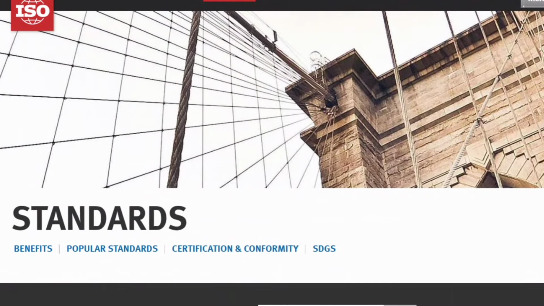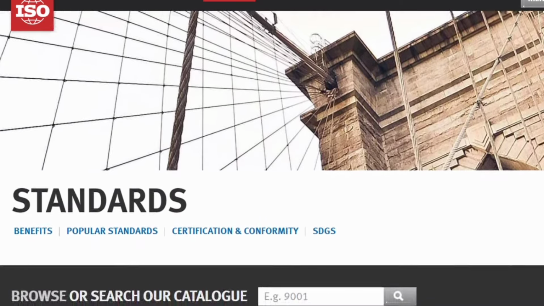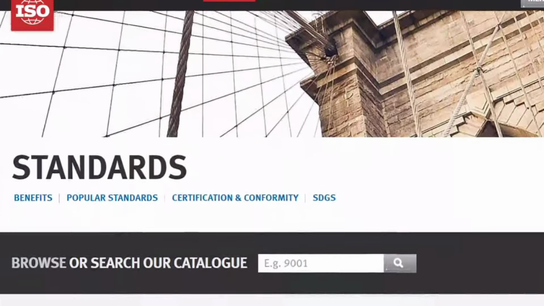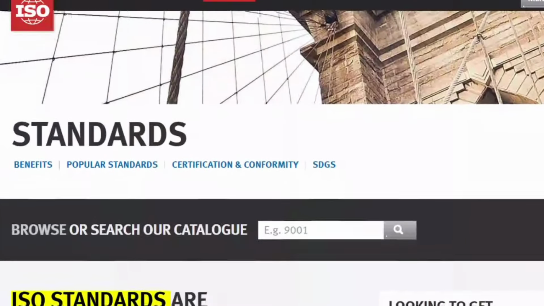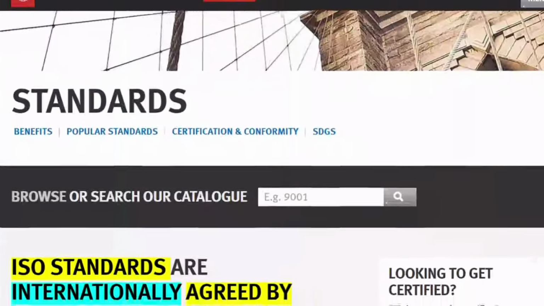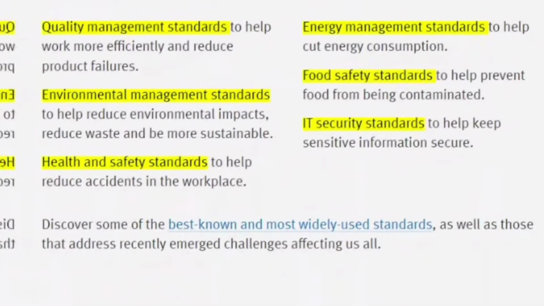Going further into these standards, the International Organization for Standardization has a full website that you can get all this information from. Here, we can learn a number of lovely little details, like how many different industries adhere to these standards.